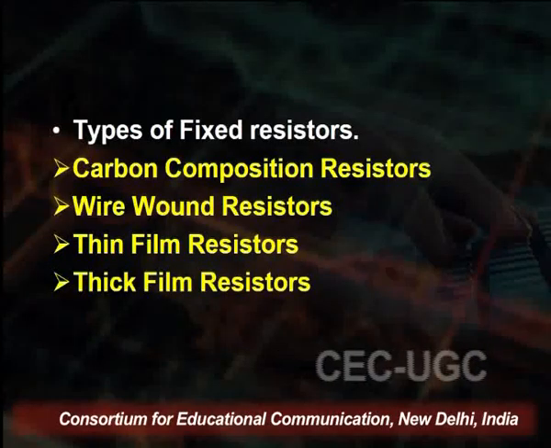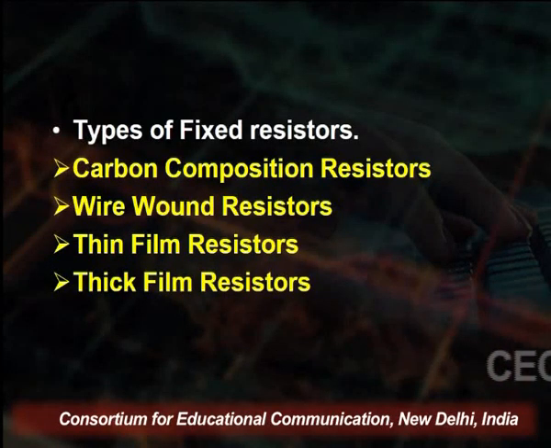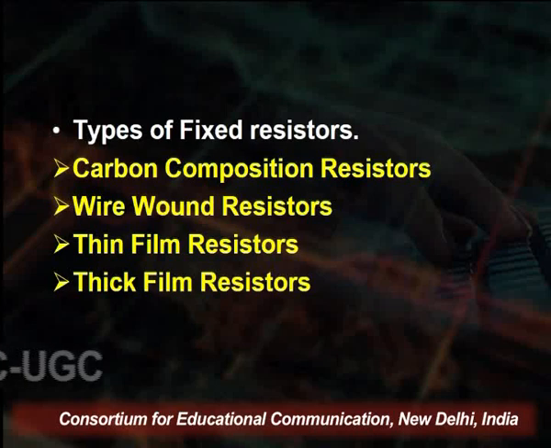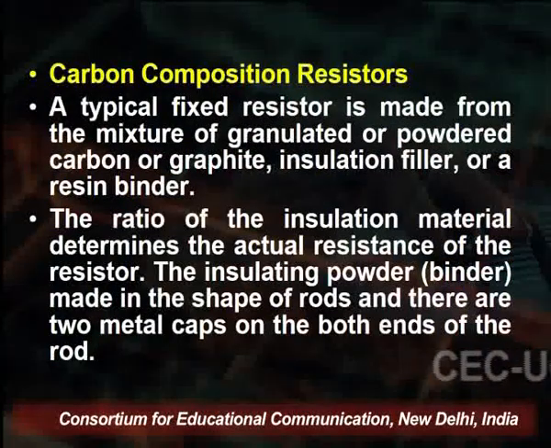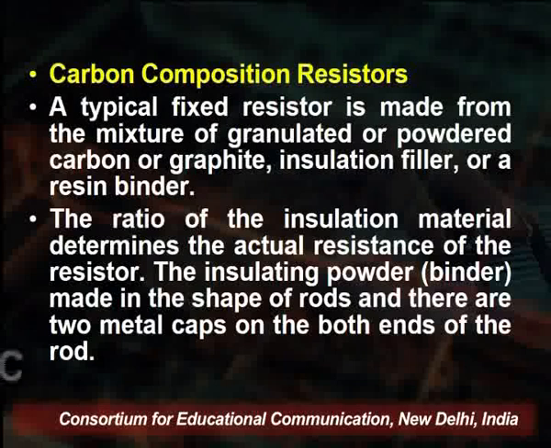So the fixed resistor has various types: first is the carbon composition resistor, second is the wire wound resistor, then thin and thick film resistors. One by one we will discuss these resistors. The carbon composition resistor is one of the typical types of fixed resistor, made from a mixture of granulated or powdered carbon or graphite, insulating filler and a resin binder.